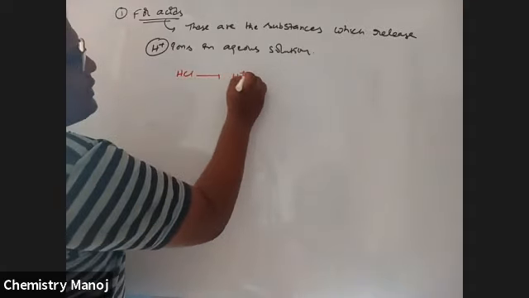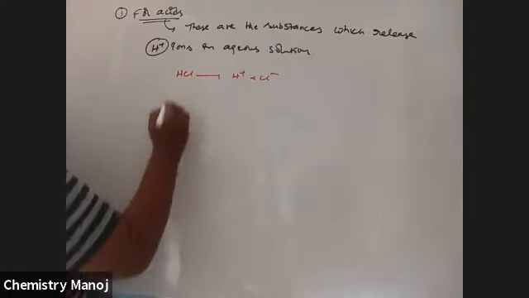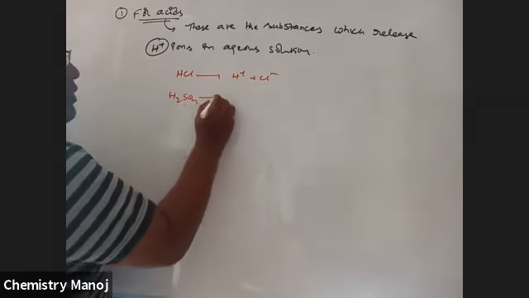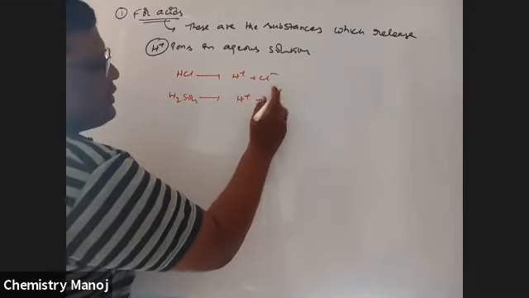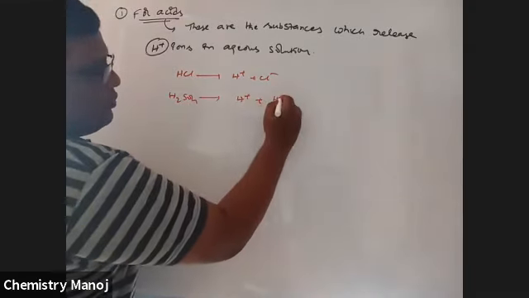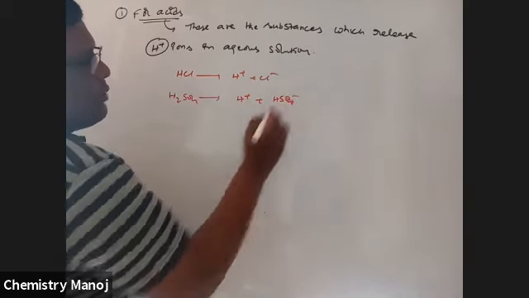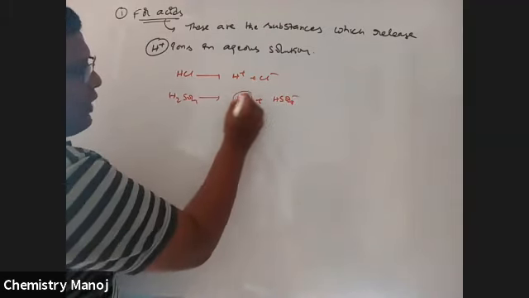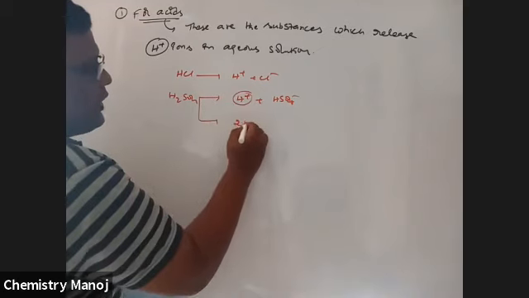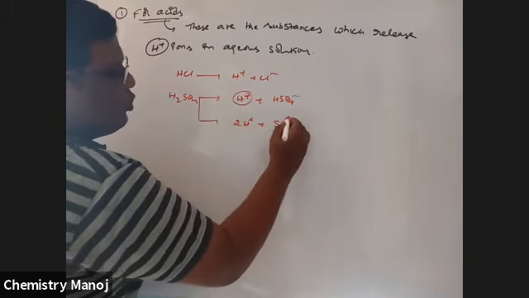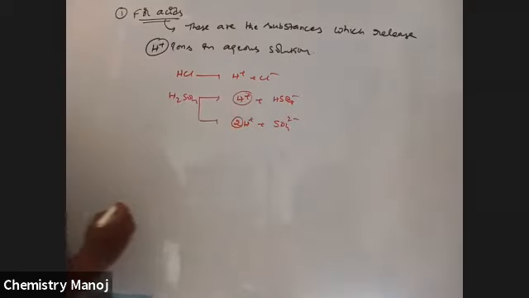See here, there is HCl. It releases H plus ion and Cl minus. H2SO4 may dissociate into H plus and HSO4 minus, where only one H plus ion is released, or into two H plus ions and SO4 2 minus, where two H plus ions are released. That may be possible.